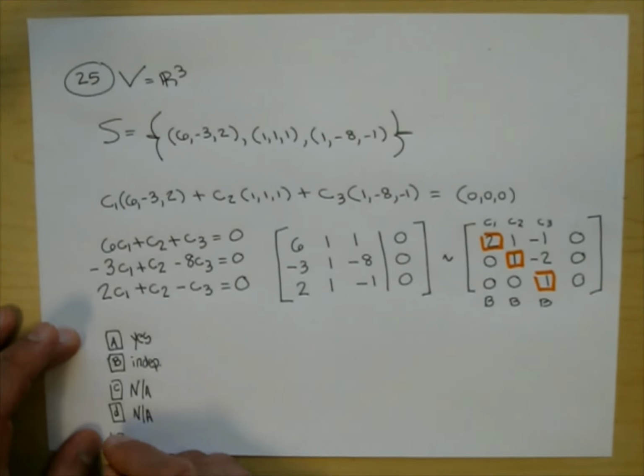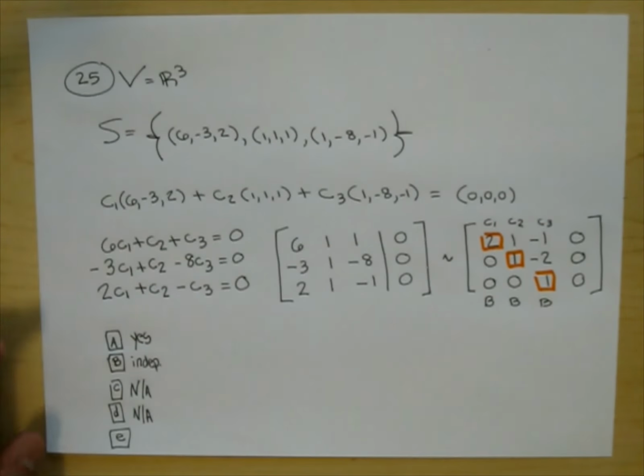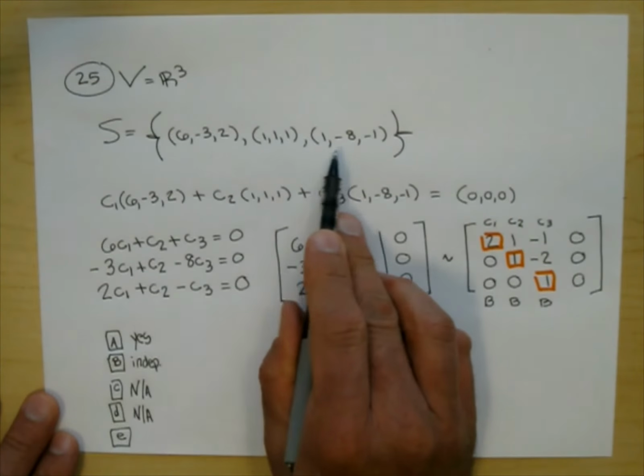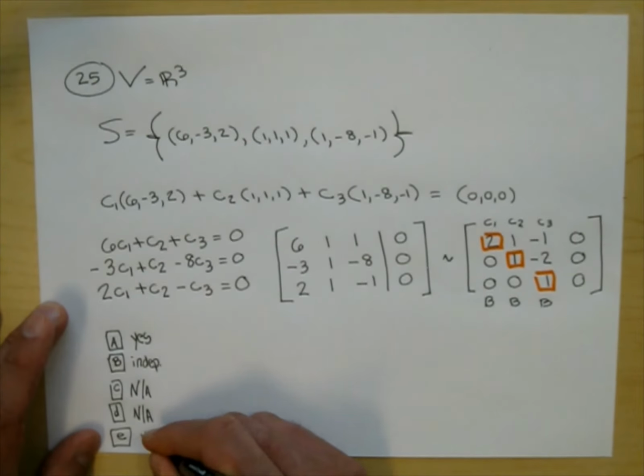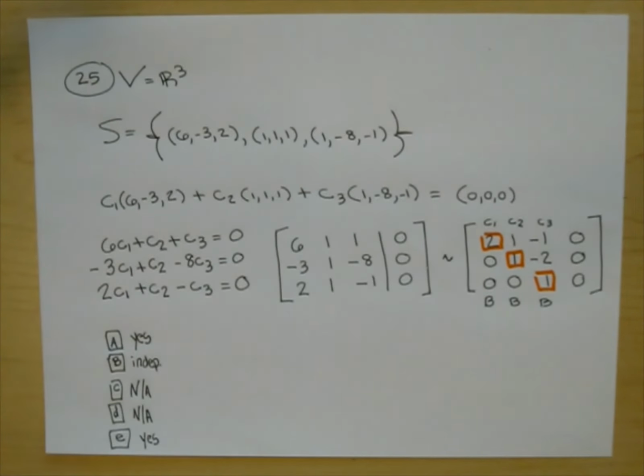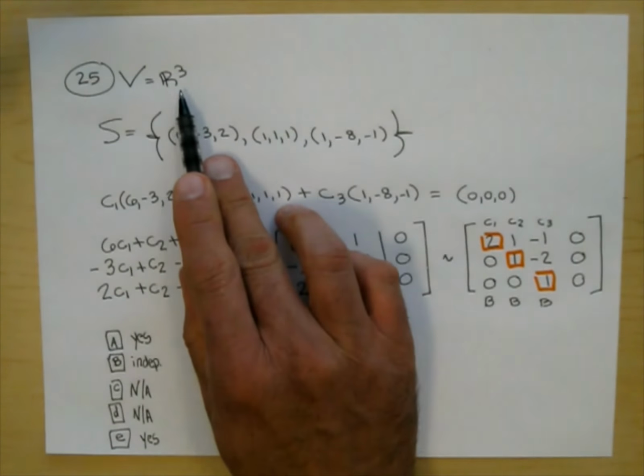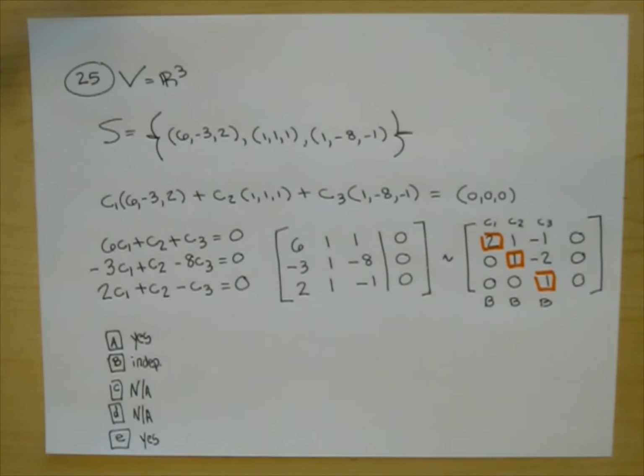And for part E, it says, is S a basis? Well, yes, you have a minimal spanning set. The answer is yes on that. Okay, and it has 3, and we know the dimension of R3 is 3 as well. So that is problem number 25. Let's go ahead and do problem number 26.